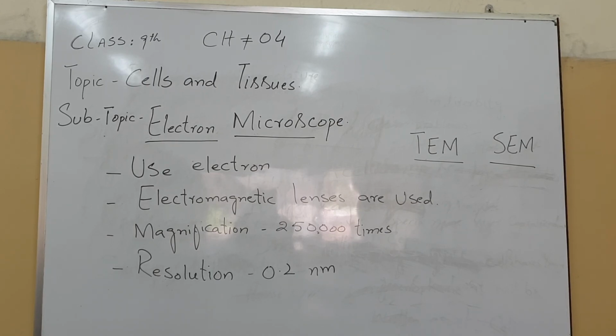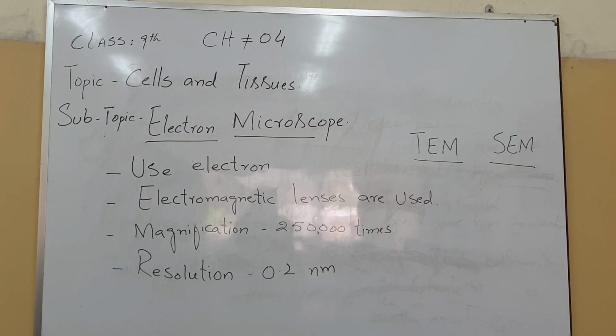Transmission electron microscopes are used for the study of the internal structure of the cell, the internal parts of the cell, like different organelles, and here the electrons are transmitted through the specimen. That is why this is known as the transmission electron microscope.